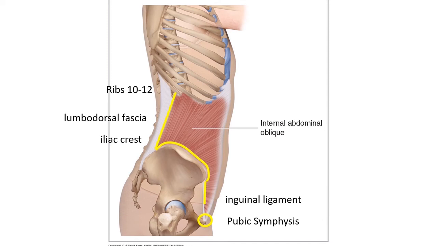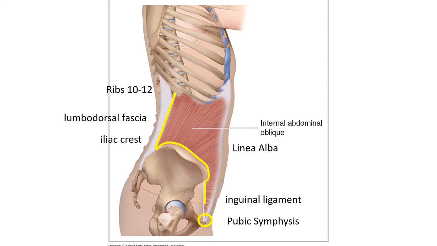It is not the pubic tubercle or the pubic crest. It is going to be attached to the pubic symphysis and then goes anteriorly to be inserted in the midline of the anterior abdominal wall, which is whitish in color.